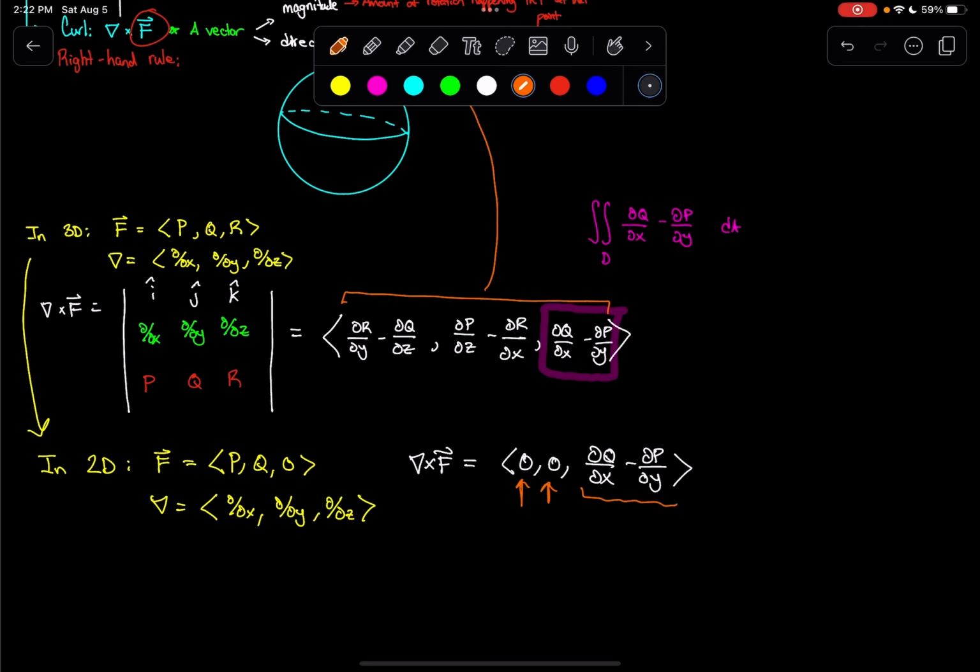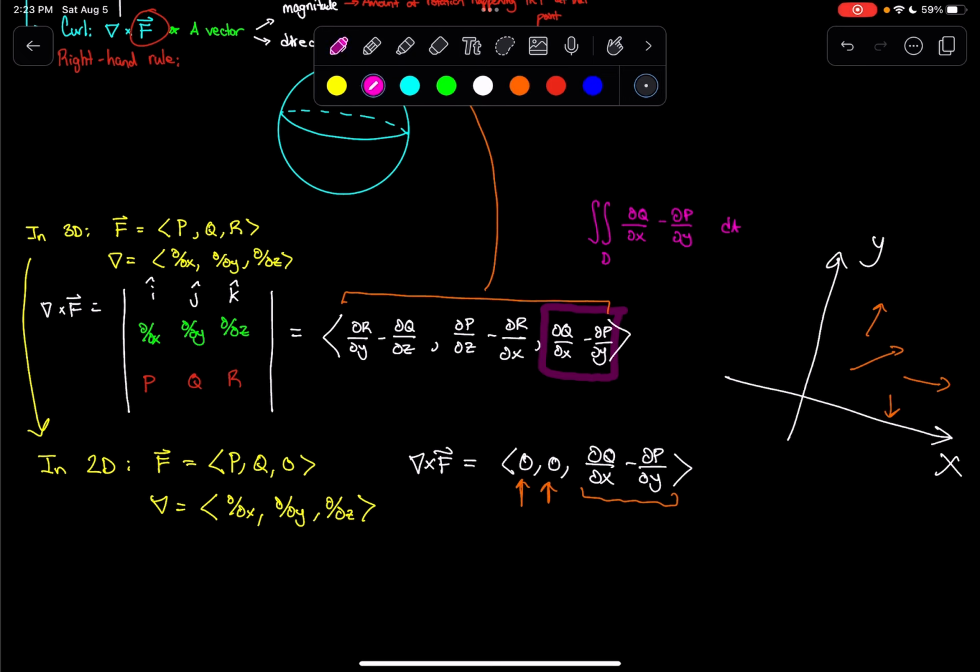It only points in the z direction, which should make complete sense, because if all we have is the x and y axes, we have a bunch of vectors from this vector field, and we're wondering what direction they are going to spin. The only possibility would be a curl vector, our del cross F, pointed in the z direction.